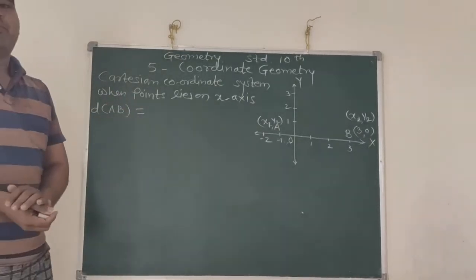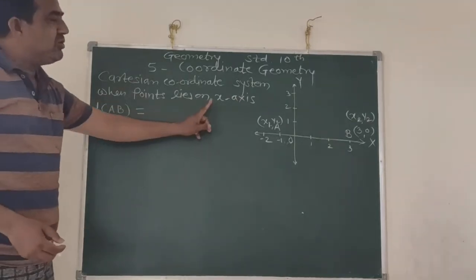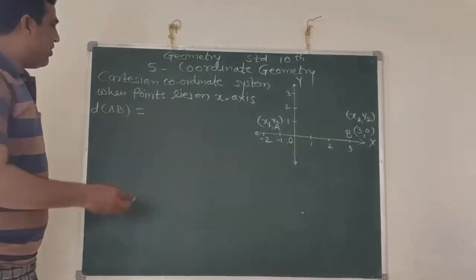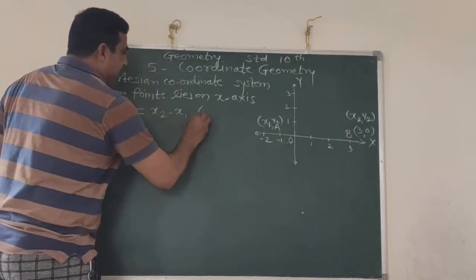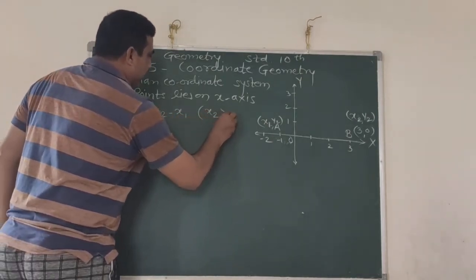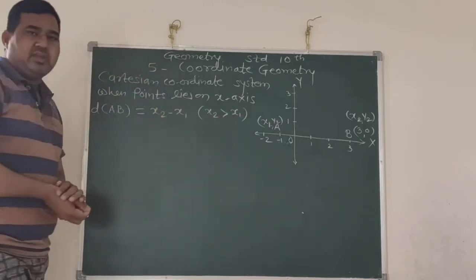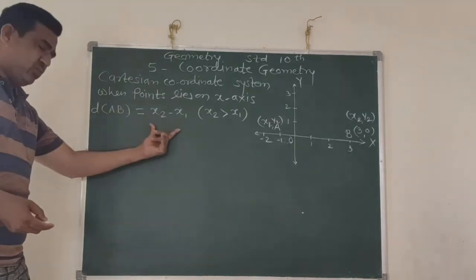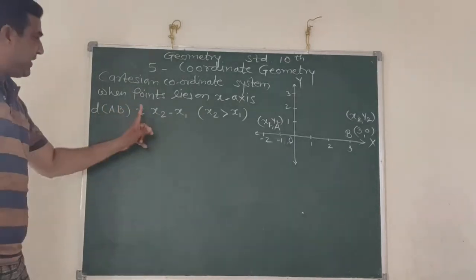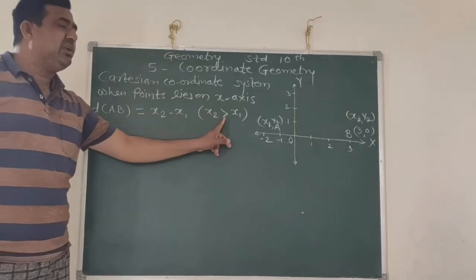For the distance between points A and B, where the points lie on the x-axis, the formula will be x2 minus x1, where x2 is greater than x1. If the value of the x2 coordinate is greater, use this formula. And if x1 is greater, then you can write x1 minus x2, where x1 is greater than x2.